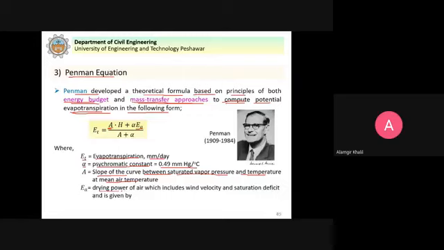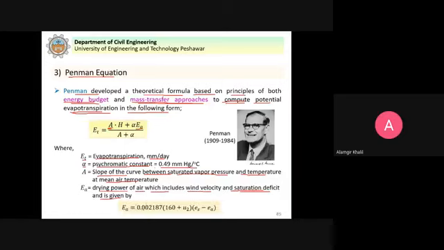EA is the drying power of air, which includes wind velocity and saturation deficit. Saturation deficit is the difference between the saturation vapor pressure and actual vapor pressure, and is given by this equation.